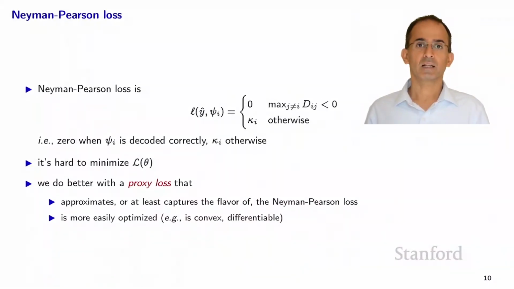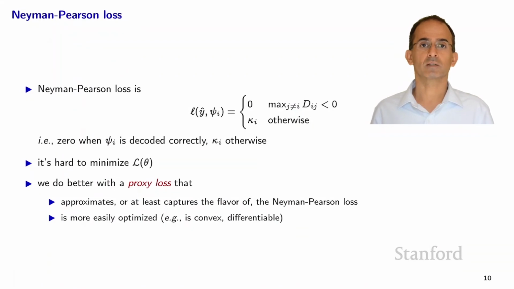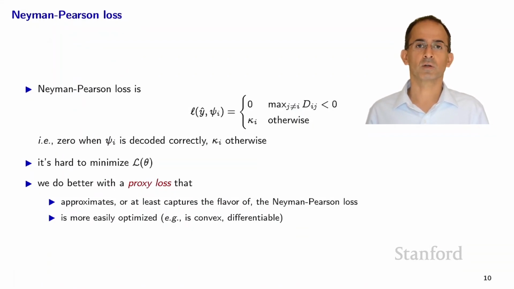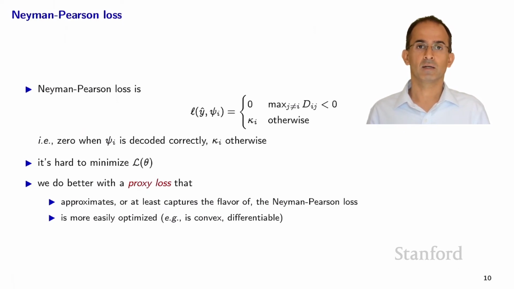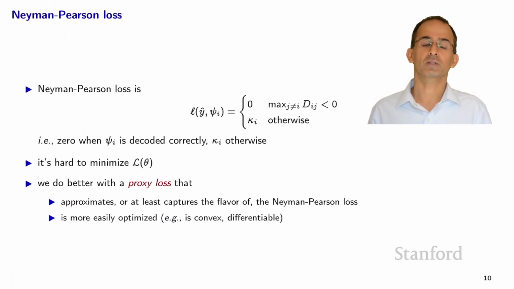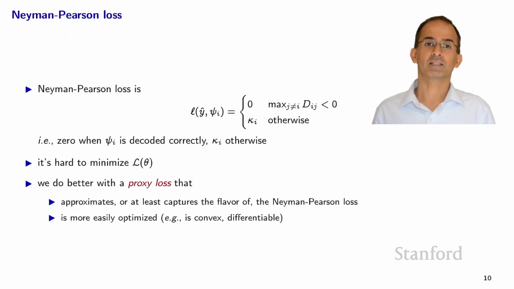And that gives us immediately the Neyman Pearson loss. We can set a loss function of 0 on the region corresponding to psi I and kappa I elsewhere. And that means when we take the average of that Neyman Pearson loss, we get kappa I times the frequency with which y hat is mistaken.